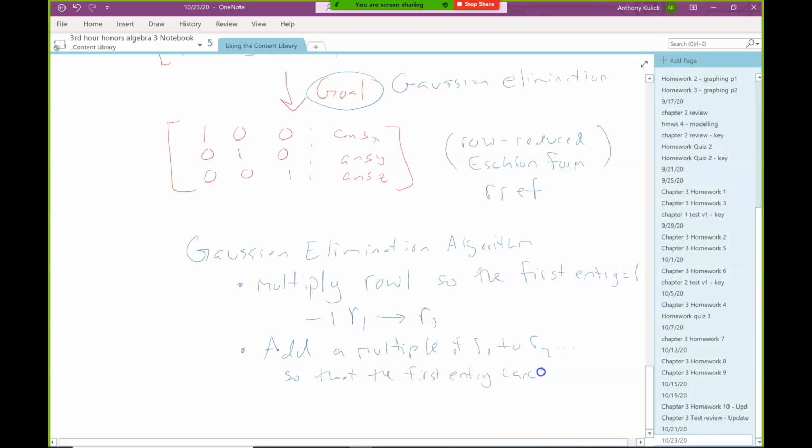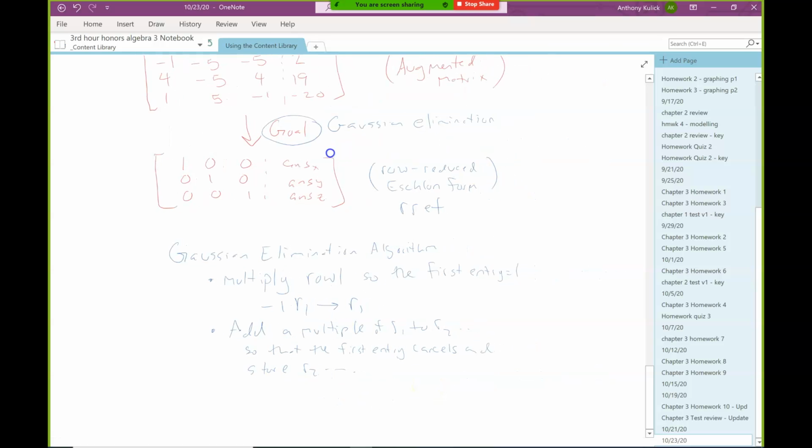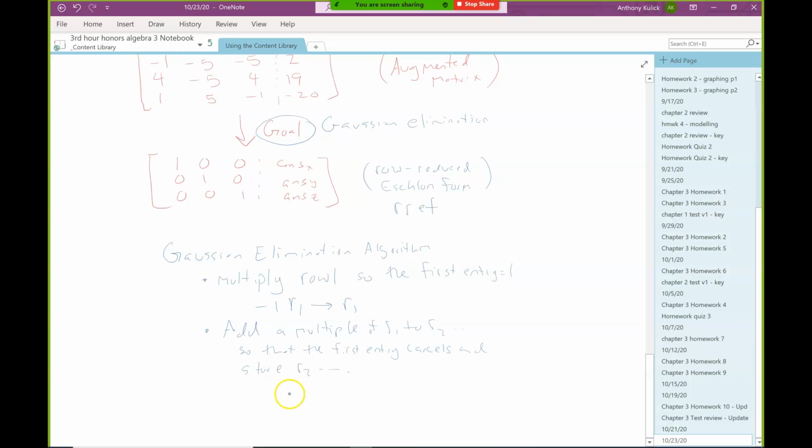And then we're going to store that back into row 2 through. So in our problem, I would then do like -4 times R1 plus R2, and that'll get stored back into R2.